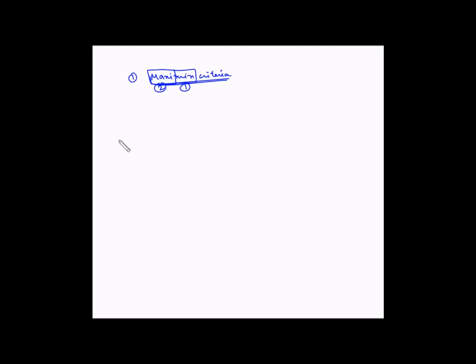So to be able to make a decision based on Maximin criteria, let's first construct the payoff matrix that we achieved in the previous step.